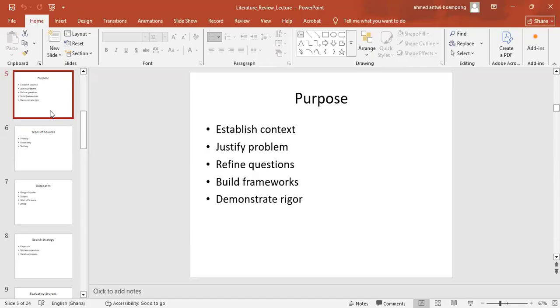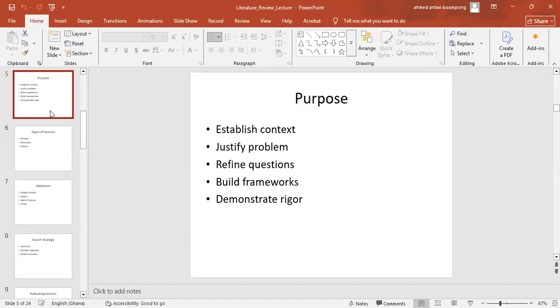Am I clear? Yes, sir. Are you sure? Yes. Okay. And then what again? You said justify the problem. Yes, this is the difference.